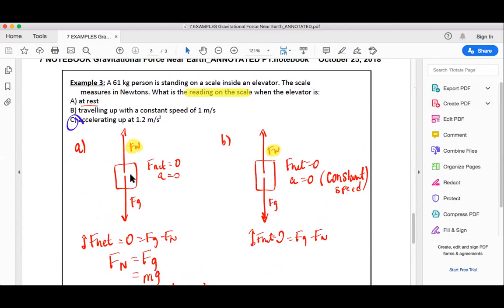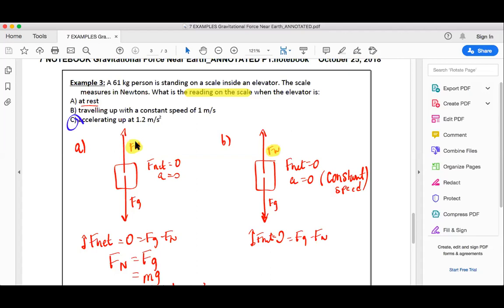The FG is the person attracted to the center of the earth, the attractive force downwards of the earth pulling on the person. And then the scale is pushing upwards on the person, which is the normal force. And that's what we're solving for when we're looking for the reading on the scale.